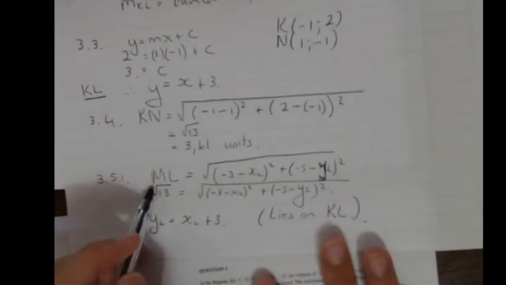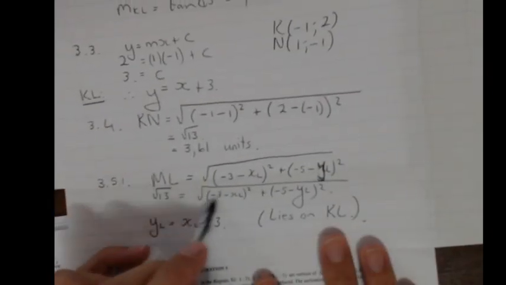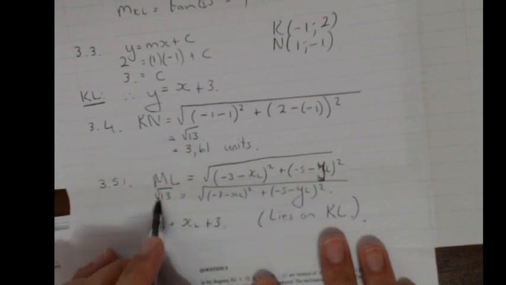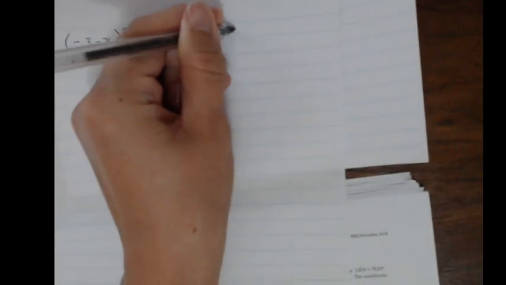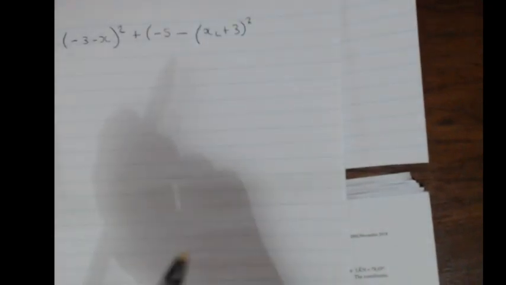I'm not going to write the square roots anymore since there's one on both sides. I can square and then I'm rid of both of them. So 13 is equal to (-3 minus x) squared plus (-5 minus, and YL I said I'm going to replace with XL plus 3, so minus XL plus 3) squared.